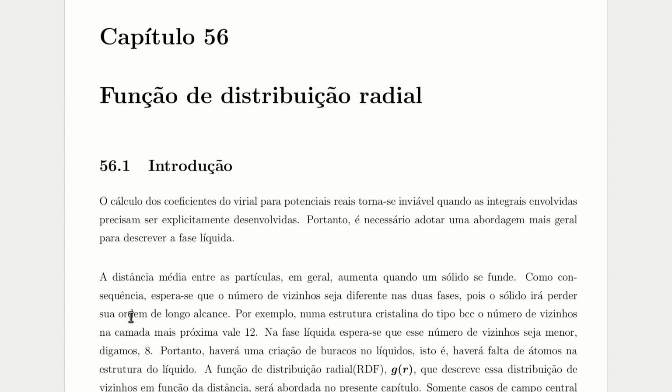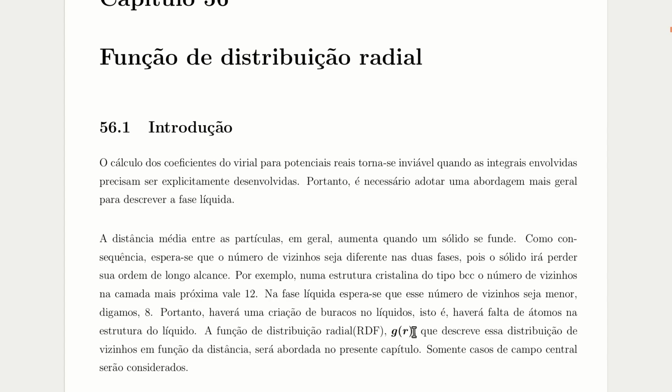In the last chapter, we handled hard sphere potential to calculate B3 and B4, but you can imagine if you have a real potential, not even with a central field symmetry, and you have to calculate the virial coefficients. Therefore, another strategy has to be adopted, and this other strategy is by using the correlation function.